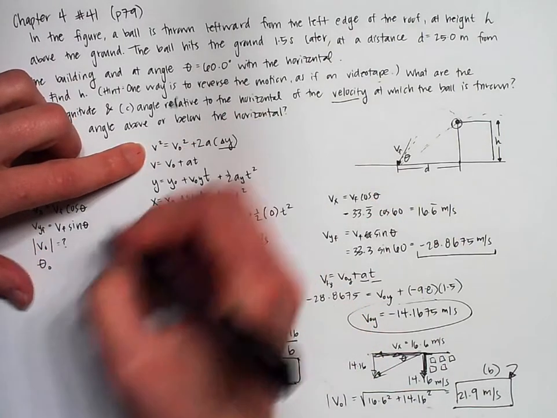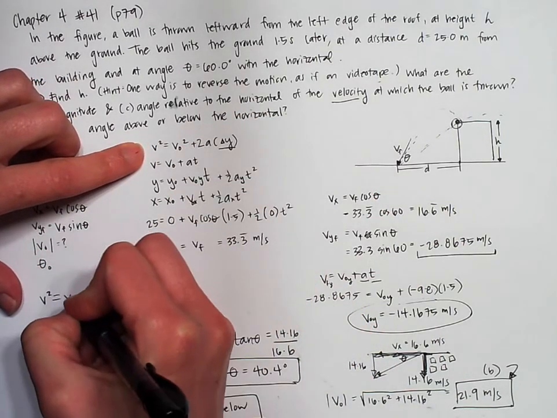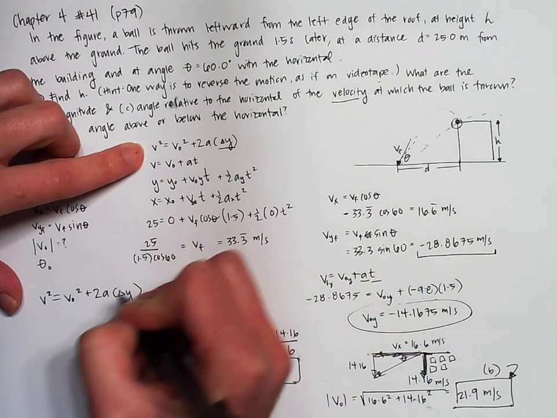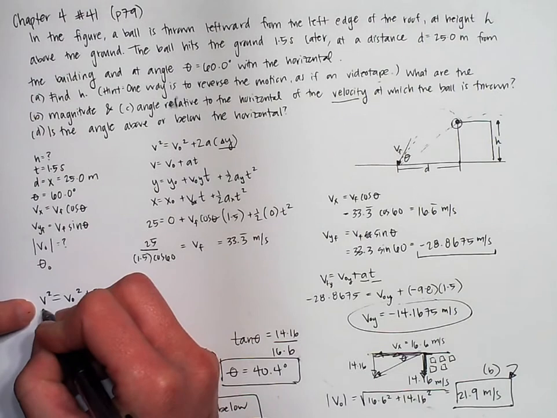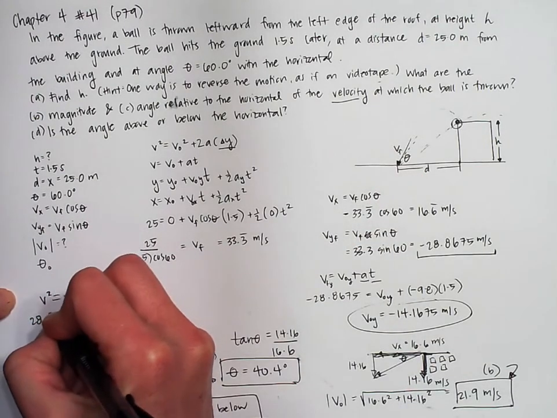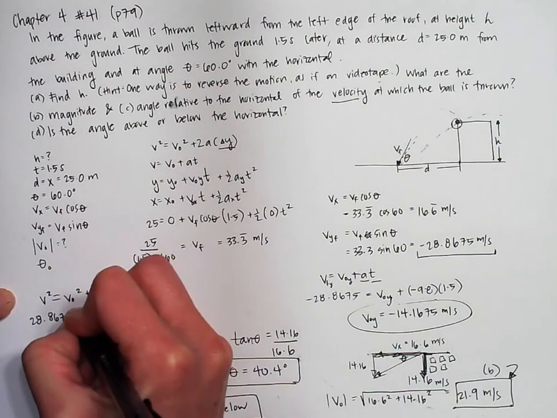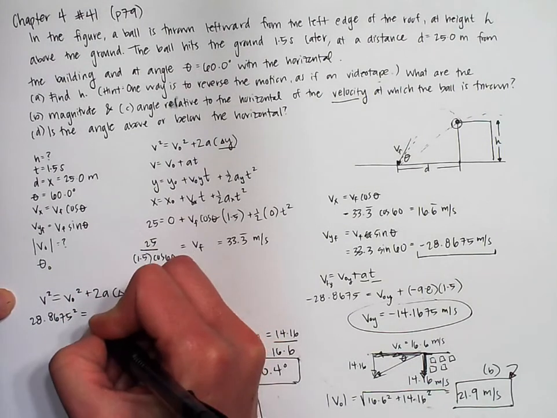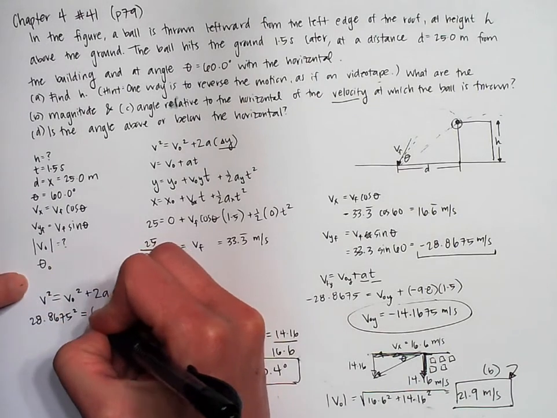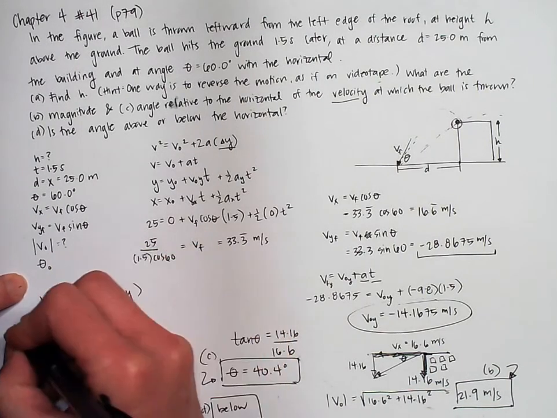So here we go. V squared equals V naught squared plus 2a delta y. So this is my final y velocity. That's right here. 28.8675 squared equals my initial y velocity, which is negative, but it's going to be squared. So both of them are negative.